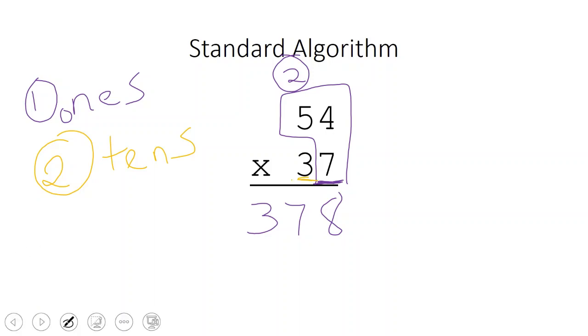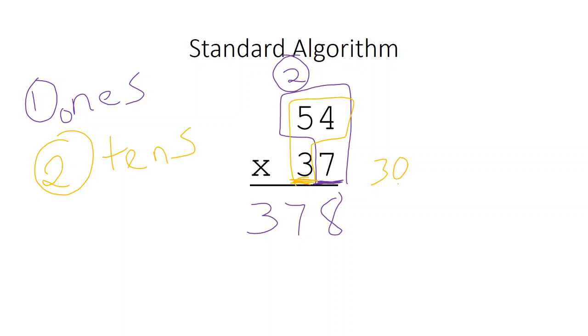And let's focus on that 3. We're going to do 3 times 54. Now I'm saying 3, but we know because of our knowledge of place value that 3 is not just a 3. It's actually a 30. So I'm not doing 54 times 3, it's 54 times 30.